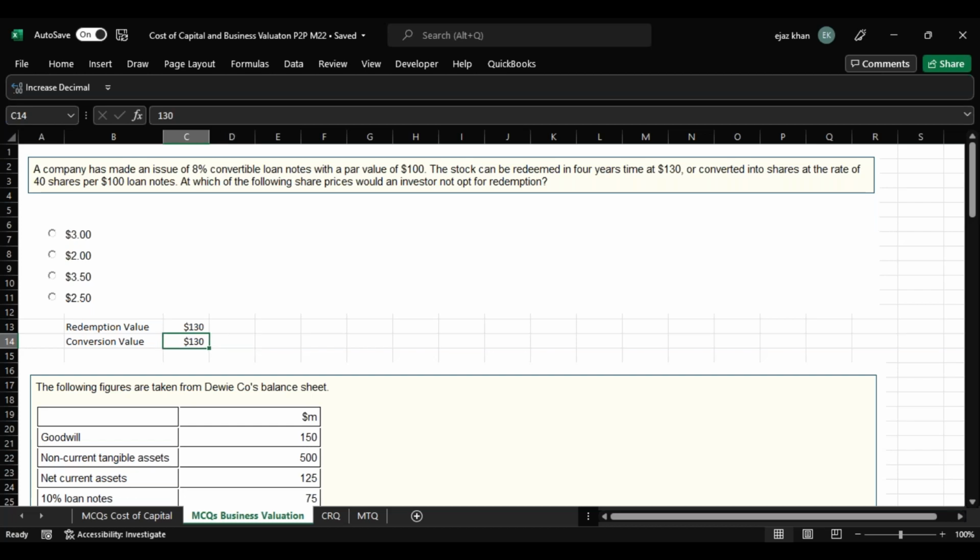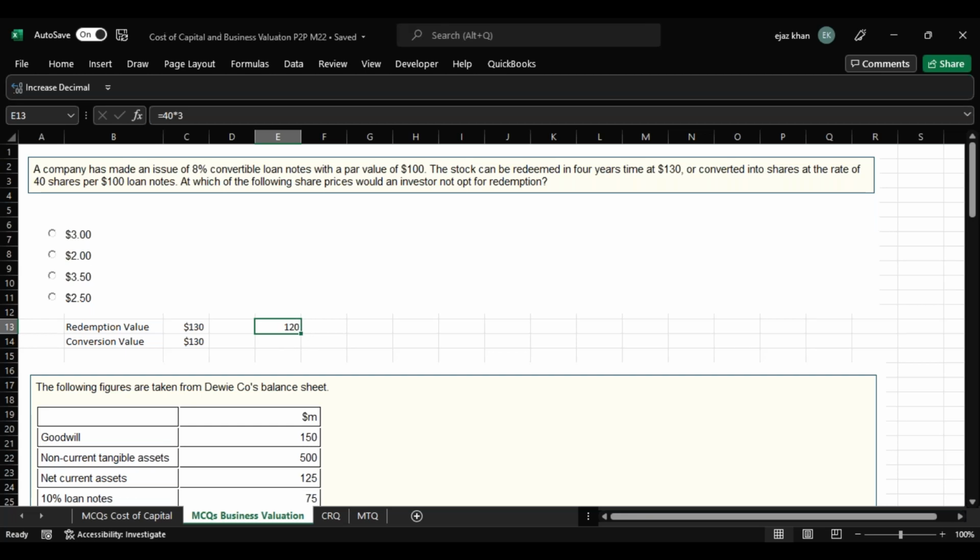So let us calculate the value of these 40 shares using all these prices and see at what price the investor will choose not to redeem. So he will have 40 shares, and let us suppose that each share will have a value of $3. So in case the share price is going to be $3 after 4 years, the investor will get 40 shares which will have a value of 120.